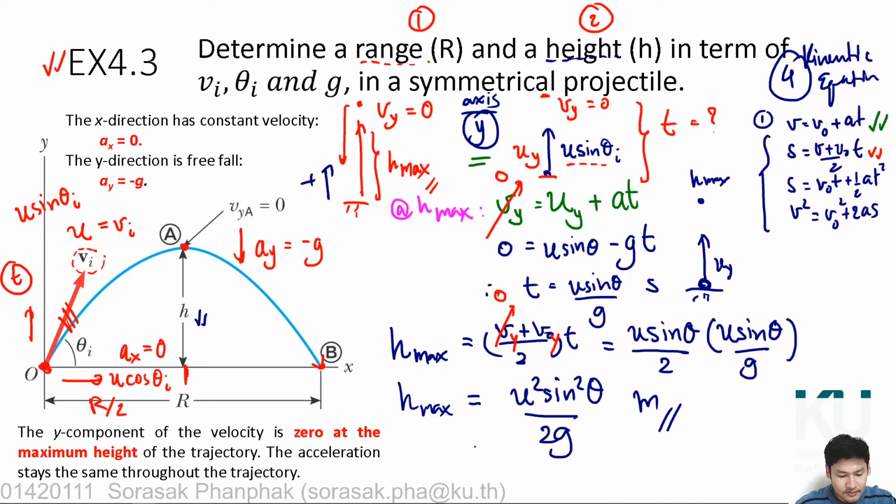So from this you get H max equals vi squared sine squared theta i over 2g. This is the H you were looking for, because all the parameters are vi, theta i and g.